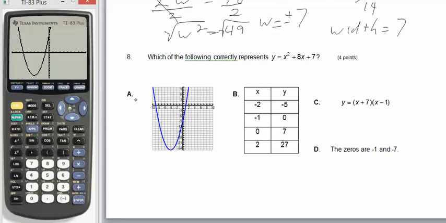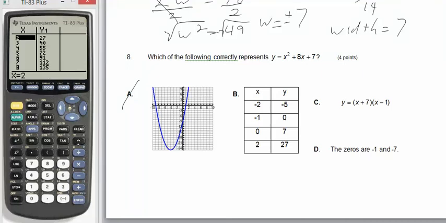Well, it's not that one, because that's in the wrong place. Let's look in the table. Let's see, negative 2 is negative 5, negative 1 is 0, 0 is 7, and 2 is 27. So it must be this one.